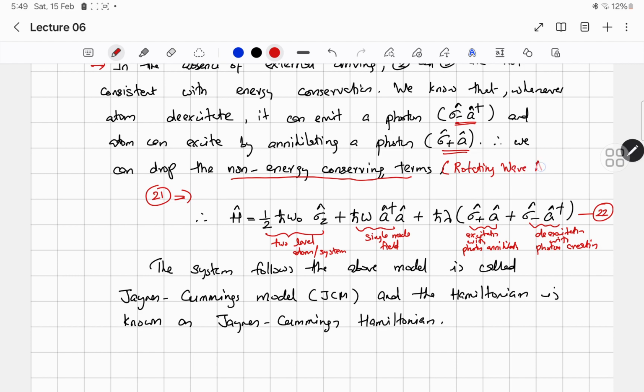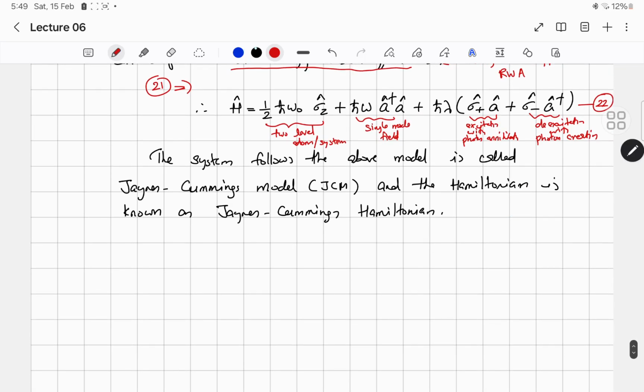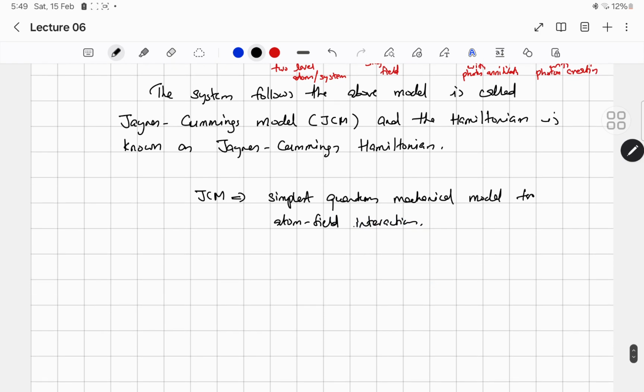This approximation is simply called RWA. So if you summarize, the JCM is the simplest quantum mechanical model for atom field interaction. Why is it simplest?